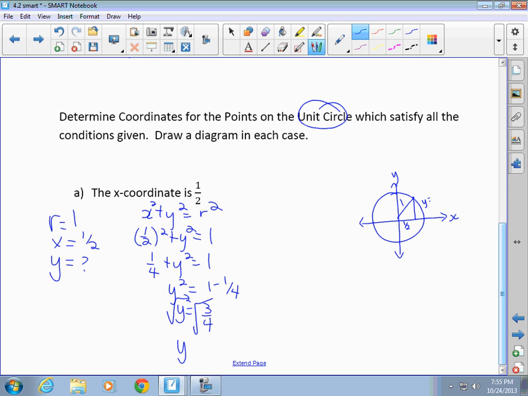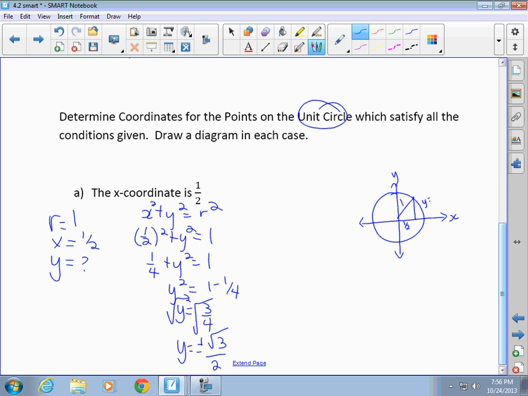So y is equal to plus or minus square root 3 over 2. All I've done there, and remember from past units, I can't remember which unit that was, maybe unit 1 or unit 2, is that when you square root, you have to take the positive and the negative, and we did this in pre-calc 20. So square root 3, we just leave as the square root of 3, and the square root of 4 is equal to 2.